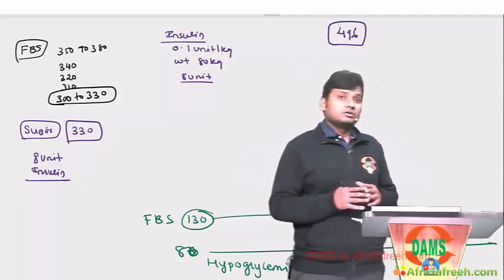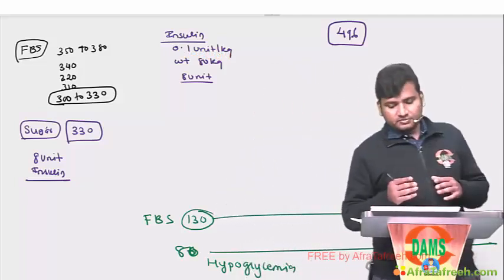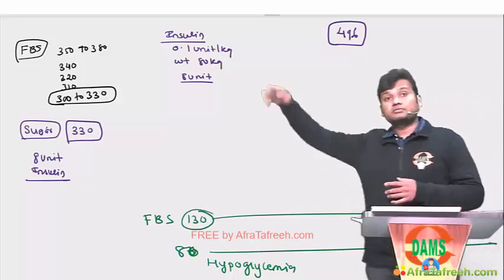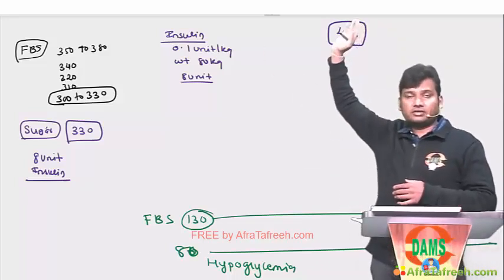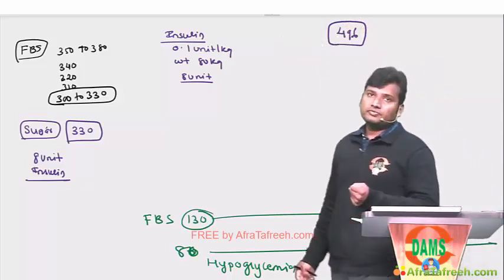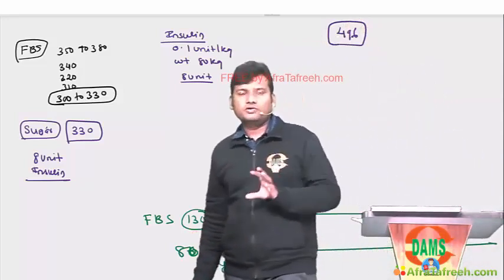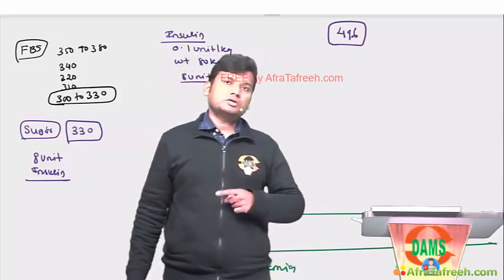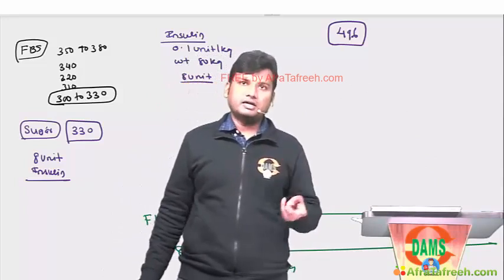Now, when such patients come to us, that after giving insulin sugar becomes 496 or it is increasing after giving insulin, then what do we do? We will admit the patient just for 12 hours, or we will advise the patient to check sugar level throughout the night, 2 hourly.